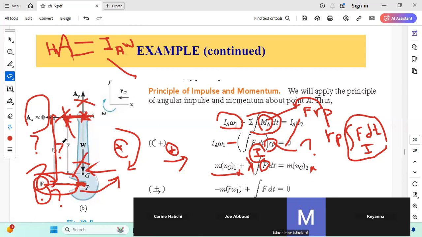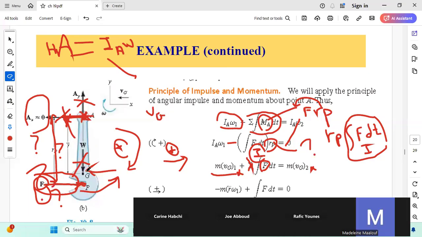Since we have rotation, vG can be written in magnitude as r omega, but since it's directed in negative i, I can say that the vG1 vector is minus r bar, which is the radius of rotation since the distance from G to A is r bar, times omega.